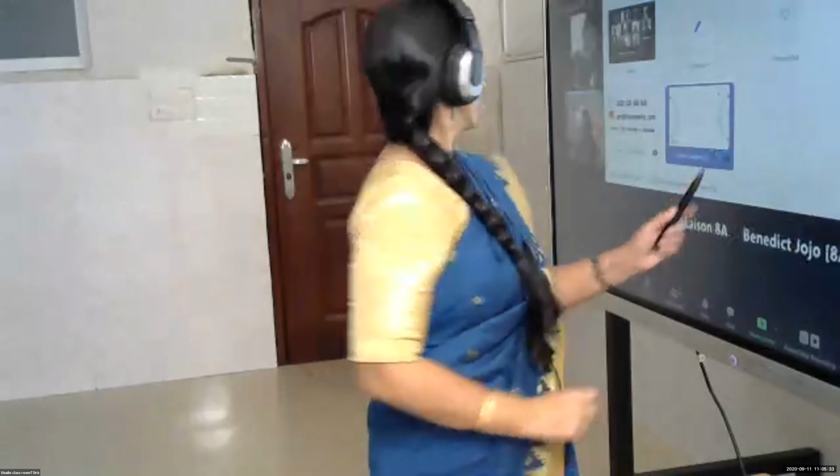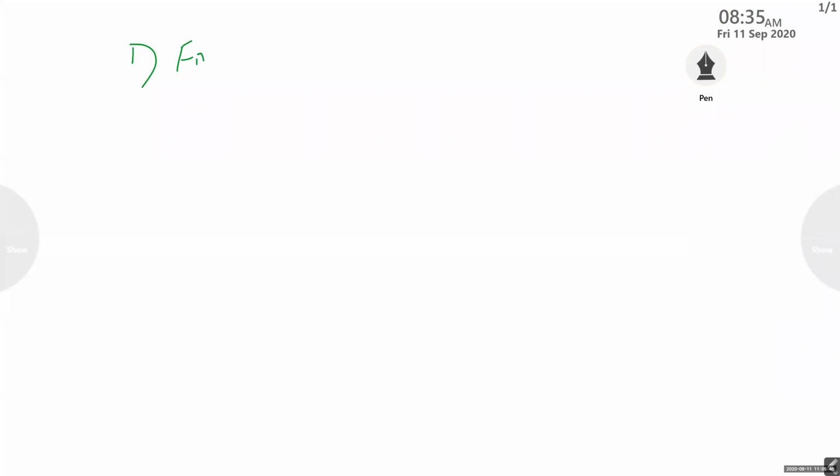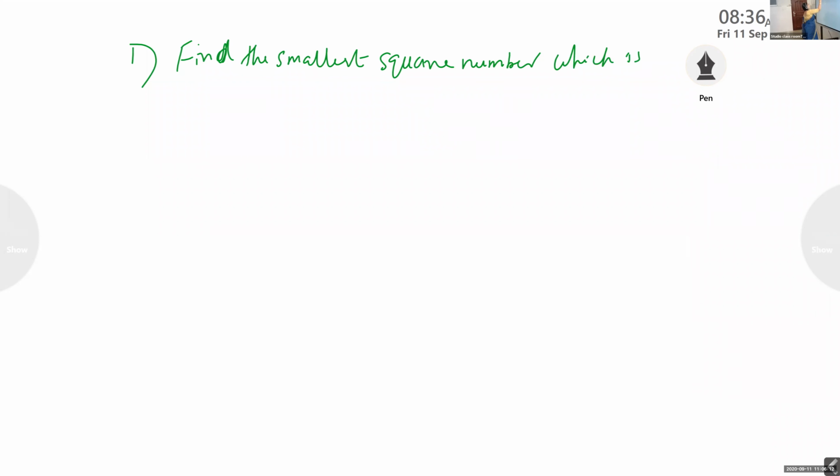Find the smallest square number which is divisible by each of 6, 9, 15.